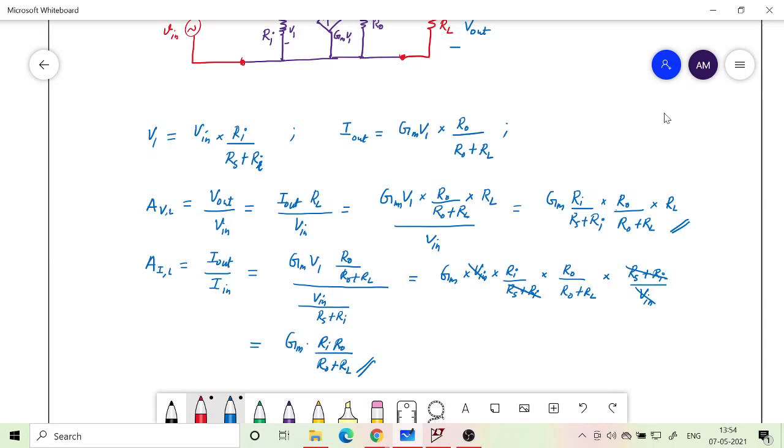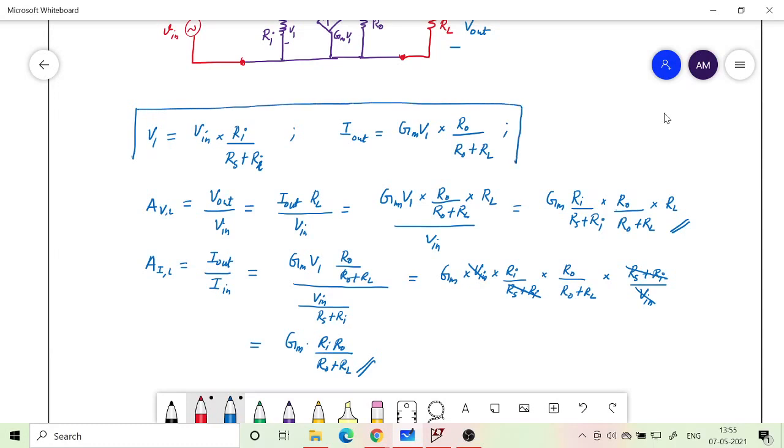If I take the denominator, it is resistance; the numerator is resistance into resistance, so one of the resistances will cancel with the conductance. The dimension is unitless because it is a current gain, a ratio of two currents, so it should be dimensionless. Similarly, if you write the first two things, it's not difficult.